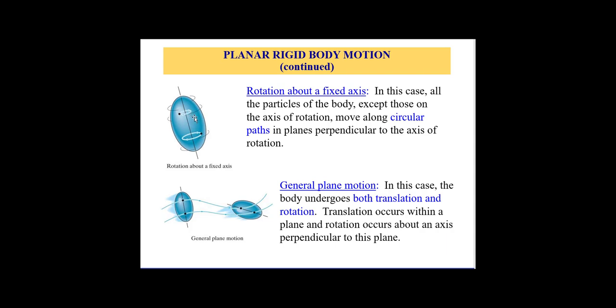Angular velocity describes the rate of change of the angle with respect to time, and it is in radians per second. In a general plane motion, where a body experiences both, we need to describe the axis of rotation and also a Cartesian coordinate system that shows how this body is translating.